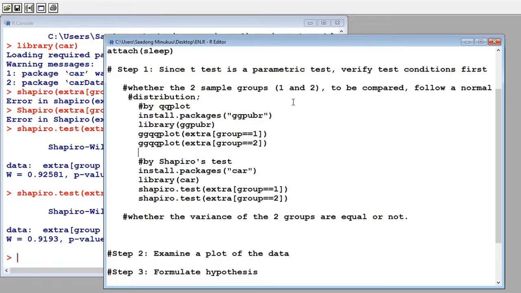So for this reason, when we have a sample size that is less than 30, we always prefer carrying out a t-test. But if we have a sample size of more than 30 or equal to 30, then we can assume that the distribution of our populations would follow a Gaussian or normal distribution.